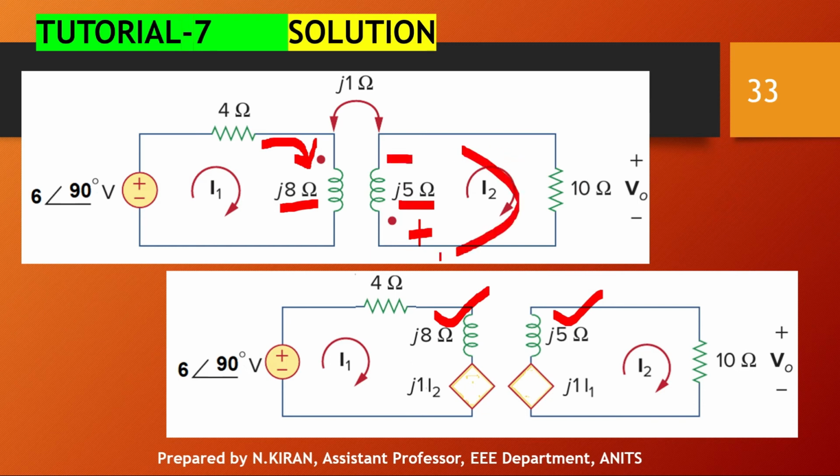I2 current is entering the dotted terminal of the second coil, so I will get positive at the dotted end and negative at the undotted end. So according to our dot rule, the first dependent source will have polarity plus minus and the second dependent source will have the polarities minus plus.